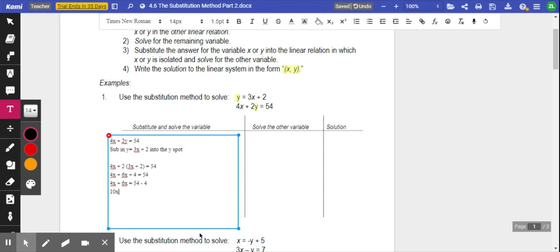So 4x plus 6x is 10x, and 54 minus 4 being 50. To get x by itself, once again, we know we need to divide it by that coefficient, and in this case 10. So we divide 10x by 10, and we divide 50 by 10 to get our answer of x. So x is then equal to 50 divided by 10, which is 5.